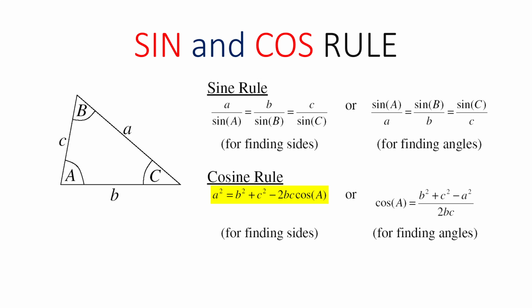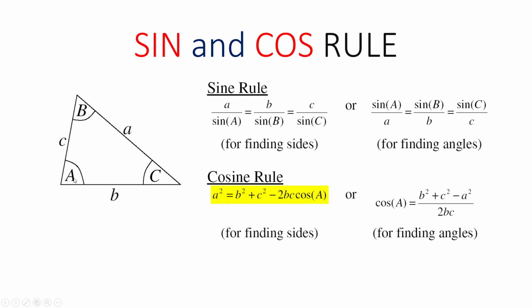As we studied sine and cosine, however, sine and cosine were for right angle triangles. But over here, sine and cosine rules, there is the word rule in it because it's a rule for any type of triangle, not just right angle triangles.